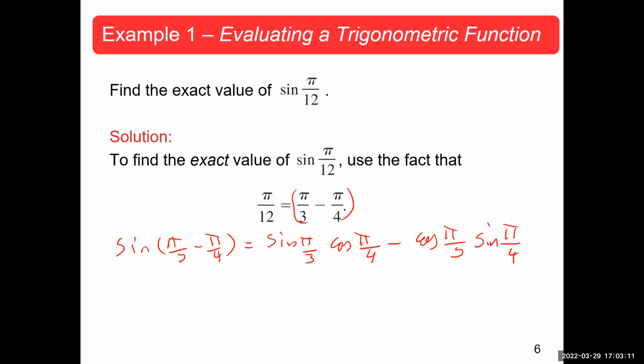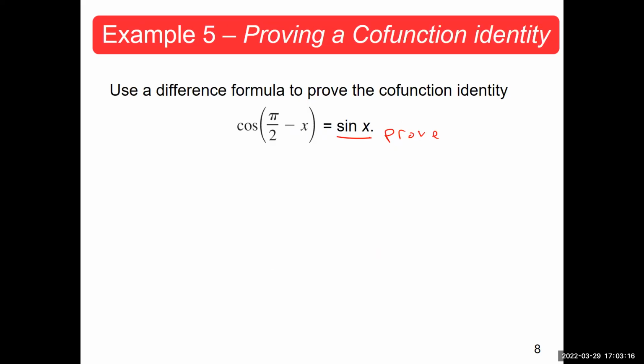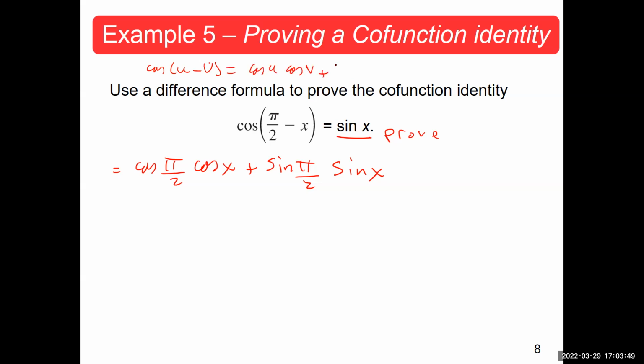So basically this is equal to cosine pi over 2 cosine x plus sine pi over 2 sine x. Based on that formula, cosine of u minus v equals cosine u cosine v plus sine u sine v.